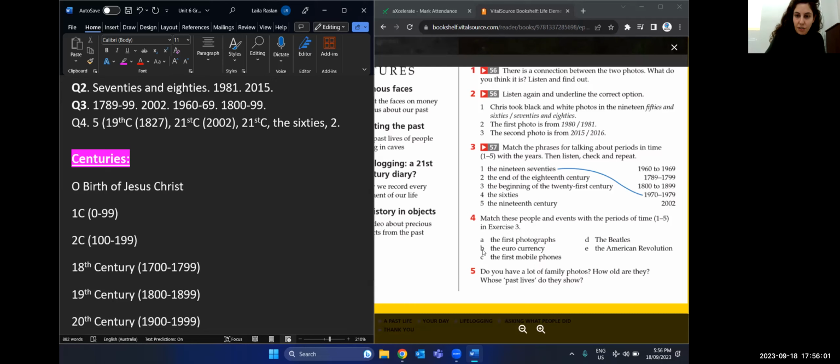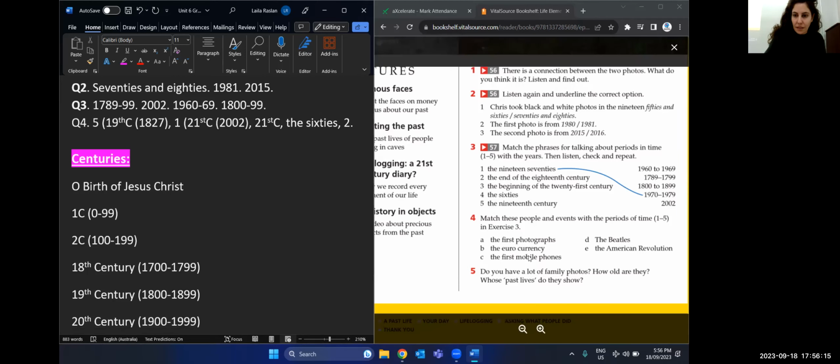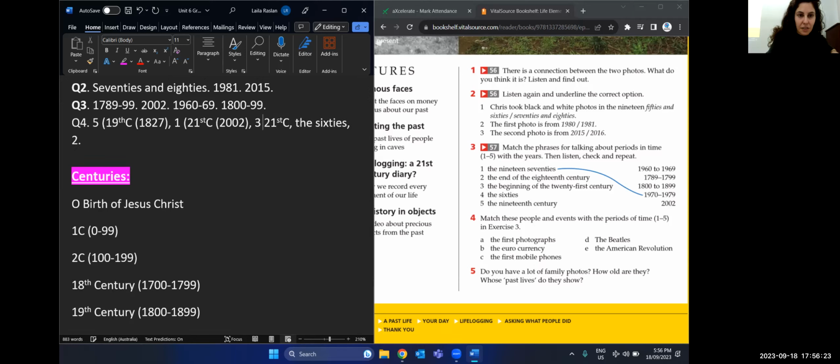The first euro, B, is number 1, the 1970s. The first mobile phones is 3. That was the beginning of the 21st century.